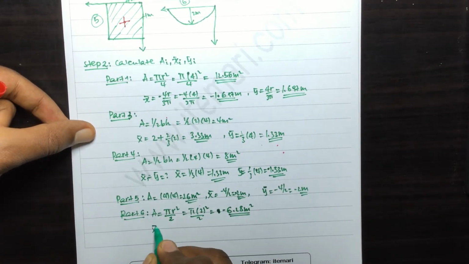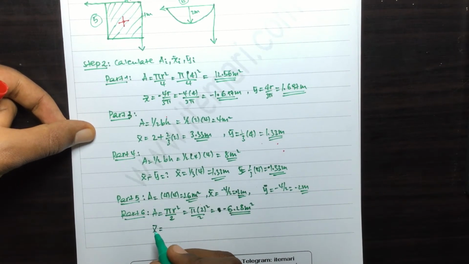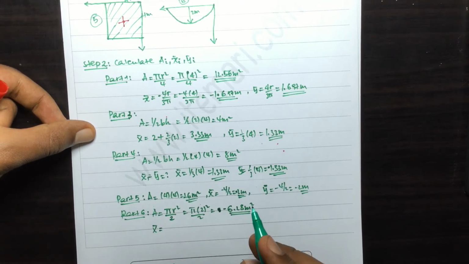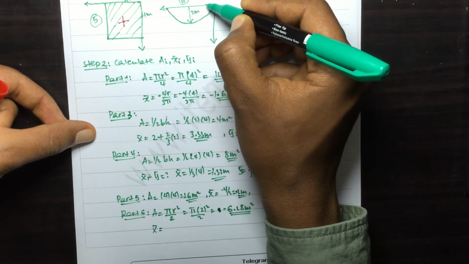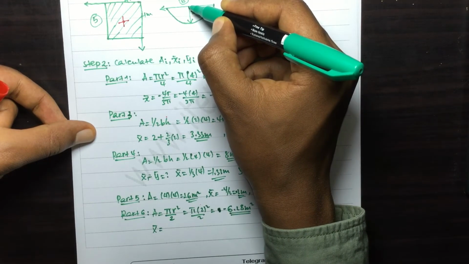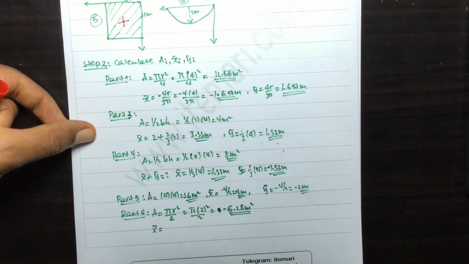And x bar is equals to x bar ማለት ምን ማለት ነው? እዚህ በፊት እንደተነጋገር ነው for any semicircle, for x bar ማለት at its center, therefore at center ማለት -2 meter.